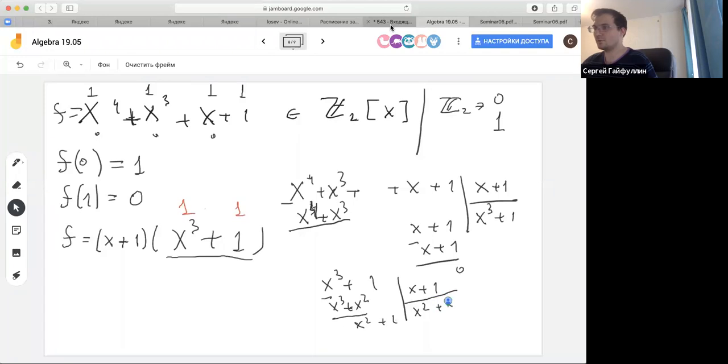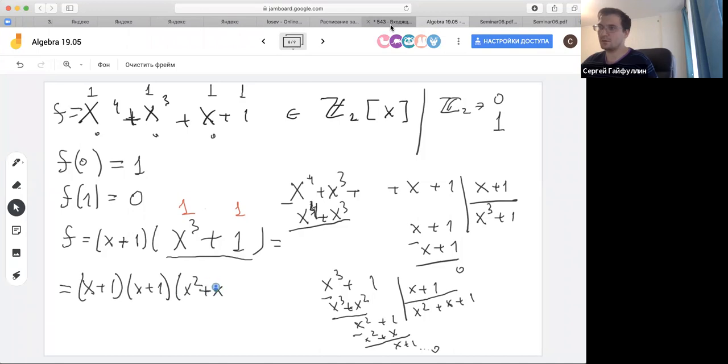So we have x squared plus x. Here is x plus 1, and here is plus 1, and we obtain 0 as a remainder. So f equals x plus 1 multiplied by x plus 1 and multiplied by x squared plus x plus 1.